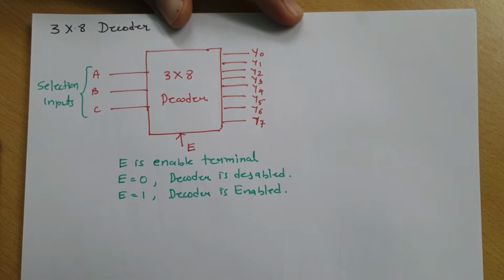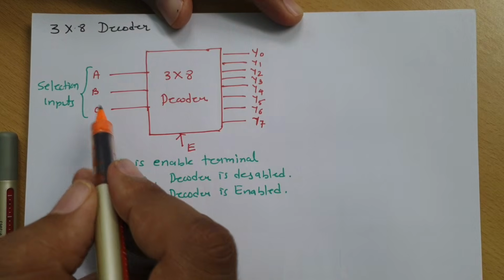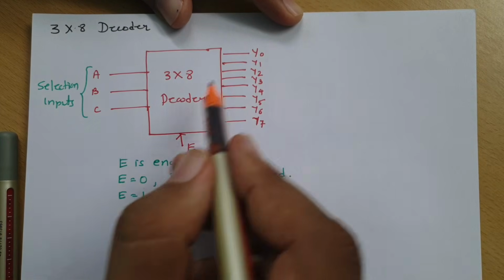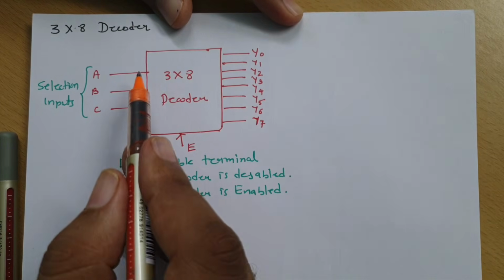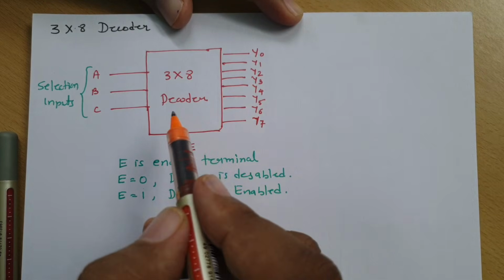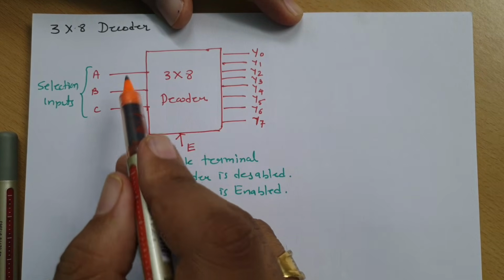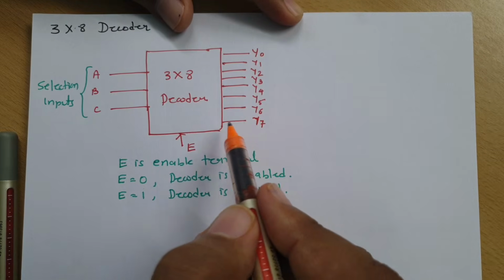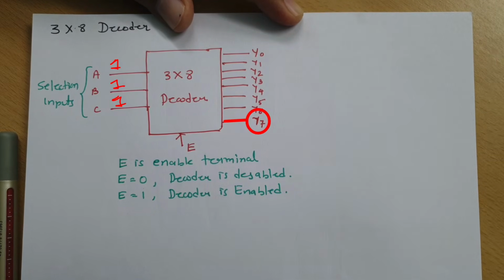Now see how the output will get selected. Output selection is purely based on the values of A, B and C. If it is 0, 0, 0, then Y0 will get selected. If it is 0, 0, 1, then Y1 will get selected. Likewise, if ABC is 1, 1, 1, in that case Y7 will get selected.